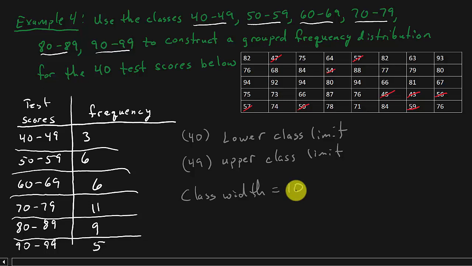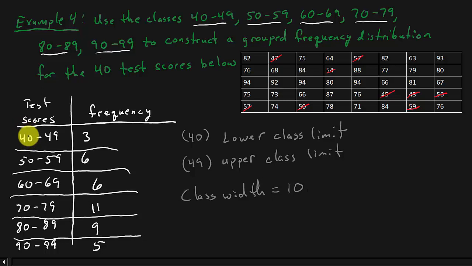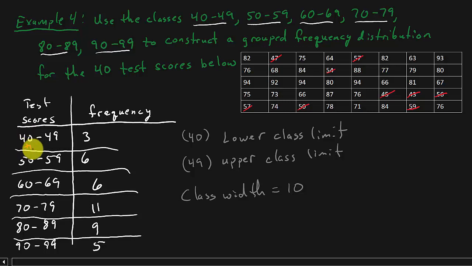So you start out, you pick what you want to start with. In this case, 40 was a good number to start with. And so what you do is you add the class width, 10, to the lower limit, and that gives you the lower limit of the next class.